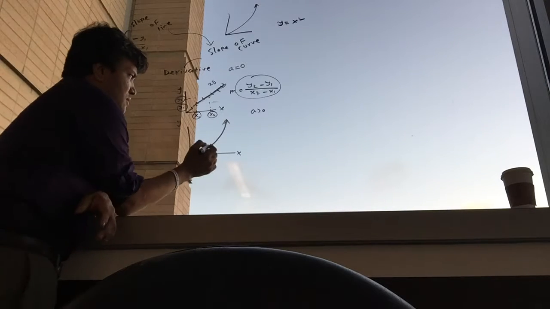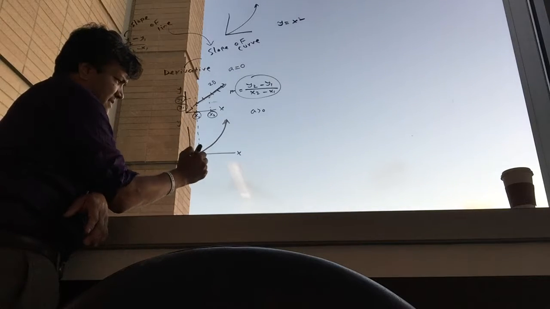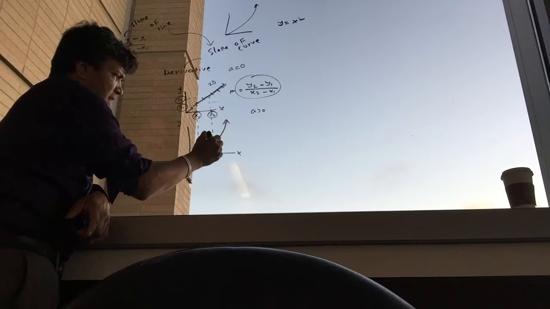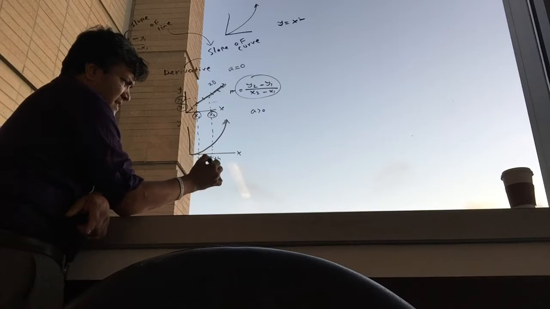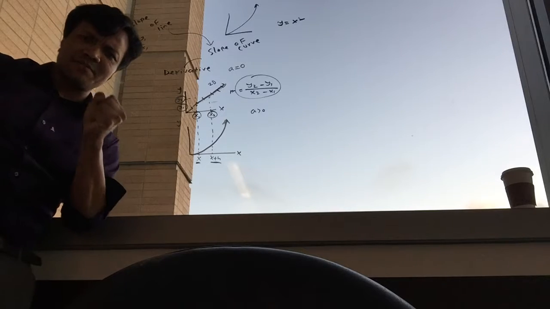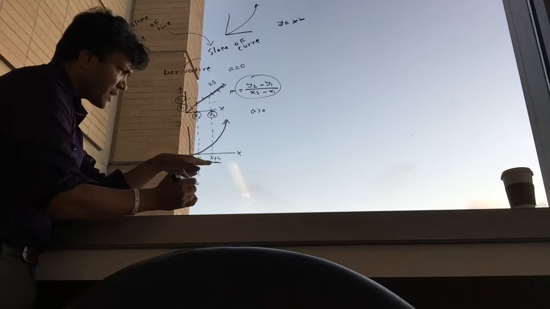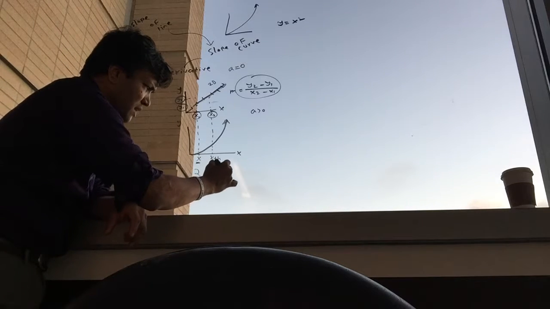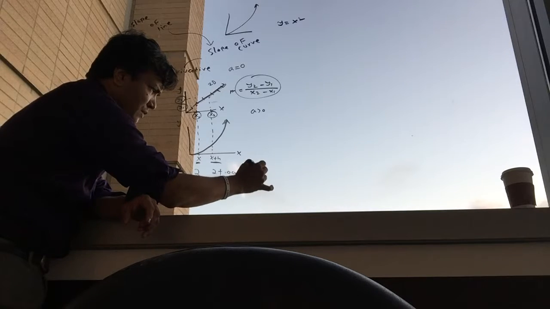Okay, let's see. So this is x1, let's call it x. This is x2, and let's call it x plus h. So the difference between x and x plus h is very small. If x is 2, x plus h has to be 2 plus 0.000000001.